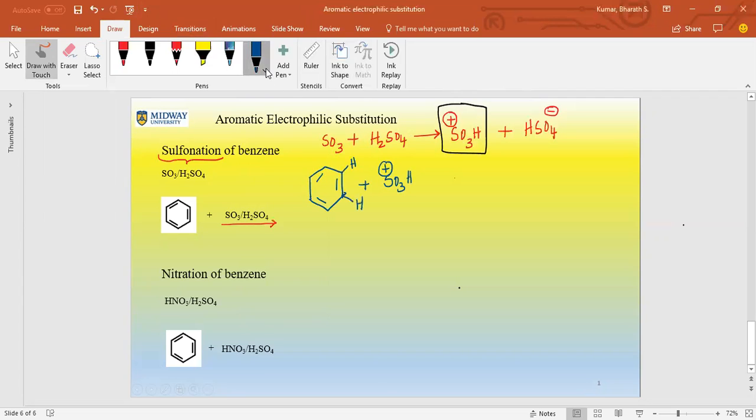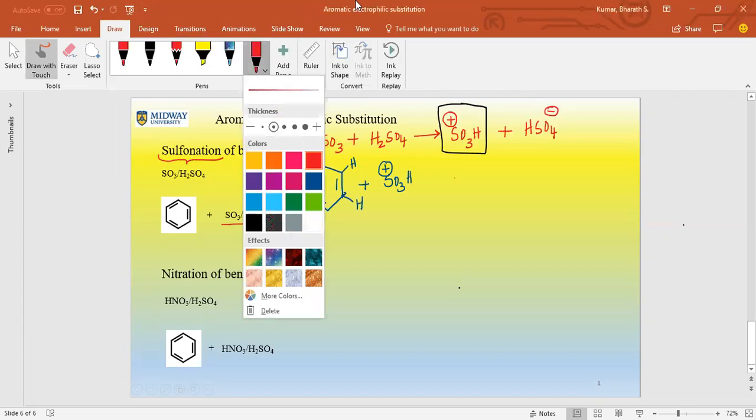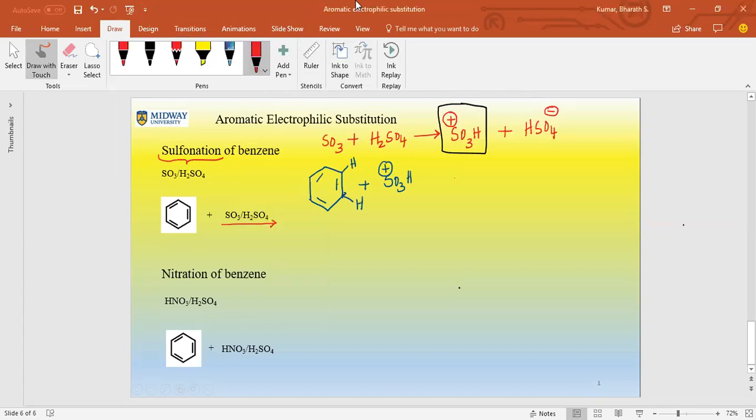Let's get a different color, perhaps the red again. The double bond attacks the sulfur containing the positive charge, establishing that link.